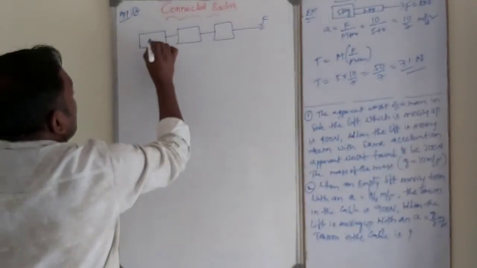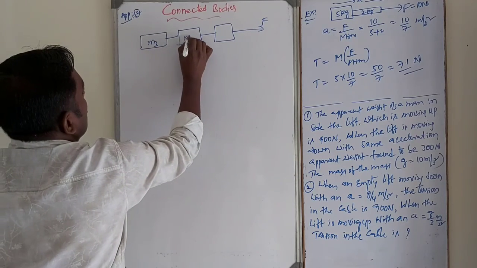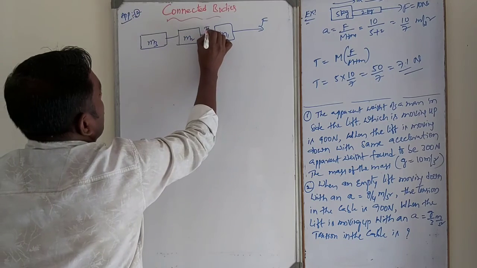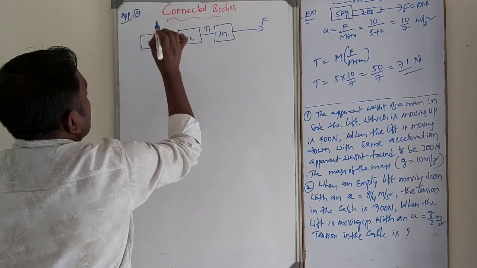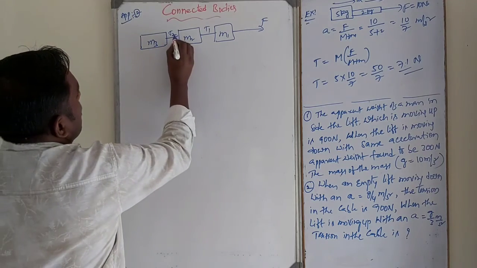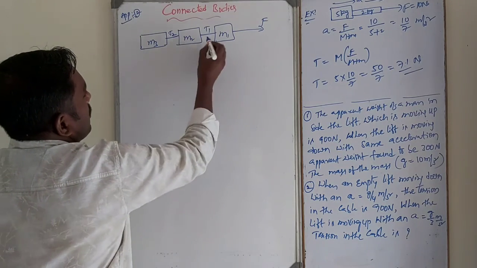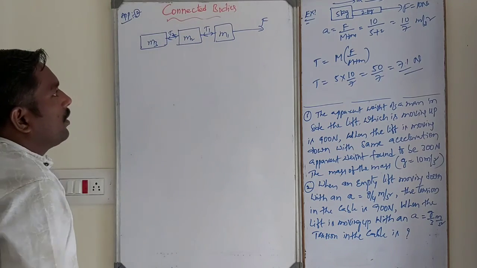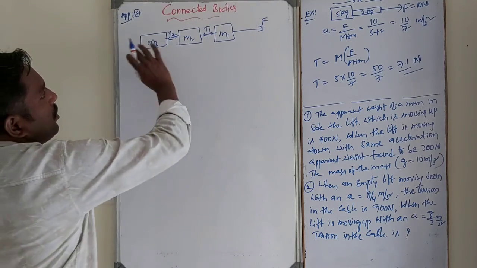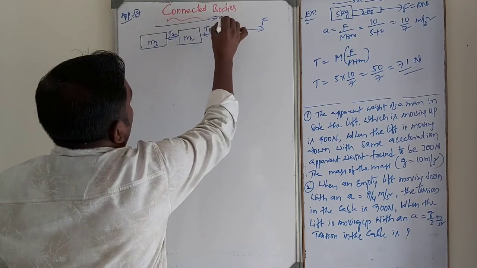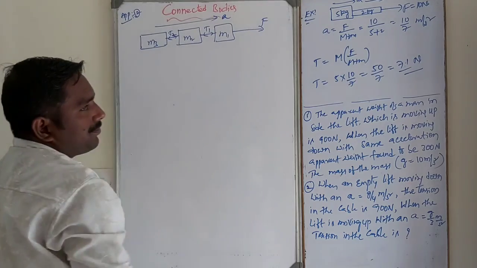These are the massive bodies M3, M2, M1. The tension between M1 and M2 is T1, and the tension between M3 and M2 is T2. These are the connected bodies. This is also an important application. By the applied force on M1, the total system will be moving in this way.